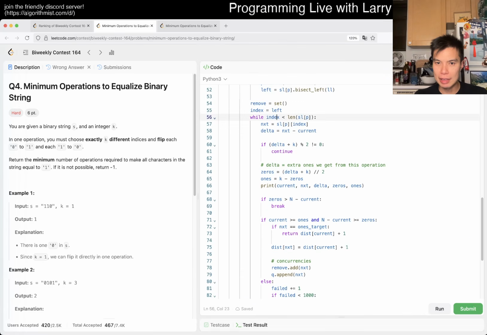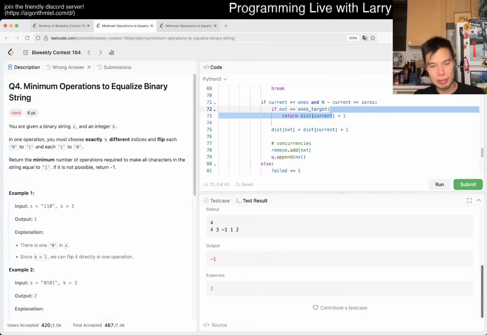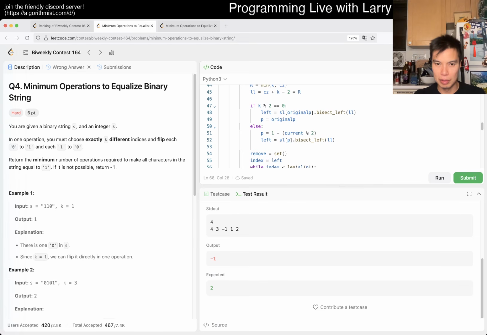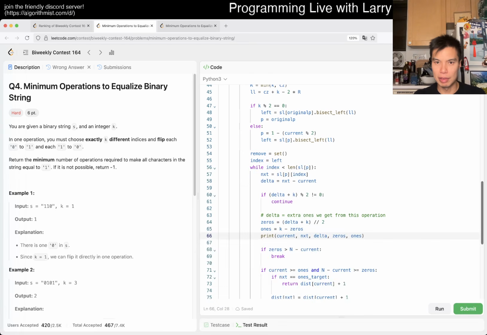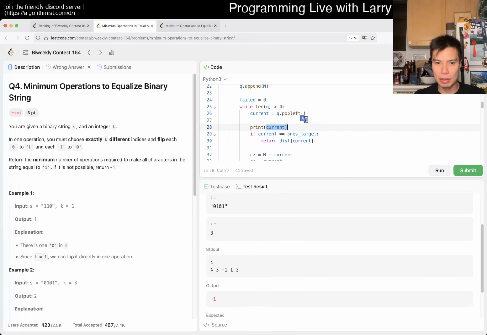So for index, next is, oh yeah, we look at the value. We do some checks, but why is this wrong? Maybe we're just not looking correctly. Well, we don't print anything, so something's really wrong. I'm so annoyed. Print is current.